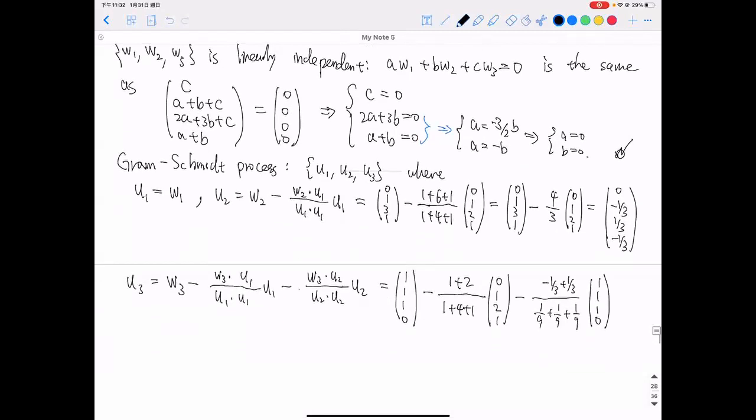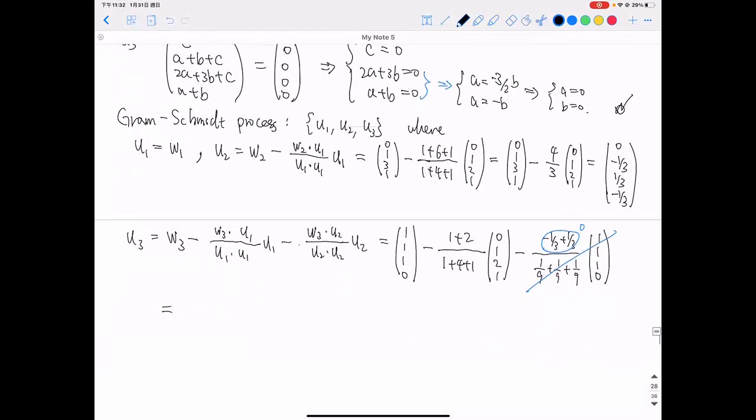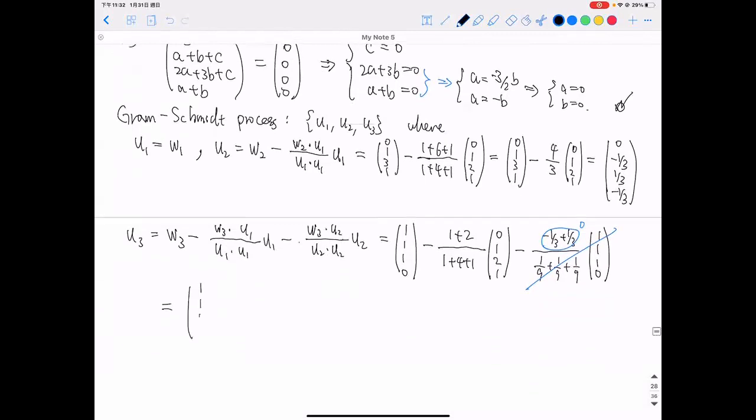Now, this is a little bit simpler than we thought because this number here is 0. So hence the whole last term goes away. But the other bit still remains: 1, 1, 1, 0 minus, so it's 3 divided by 6, so a half, times 0, 1, 2, 1.